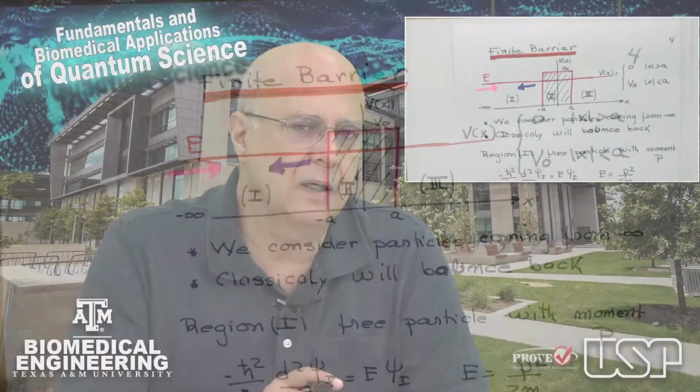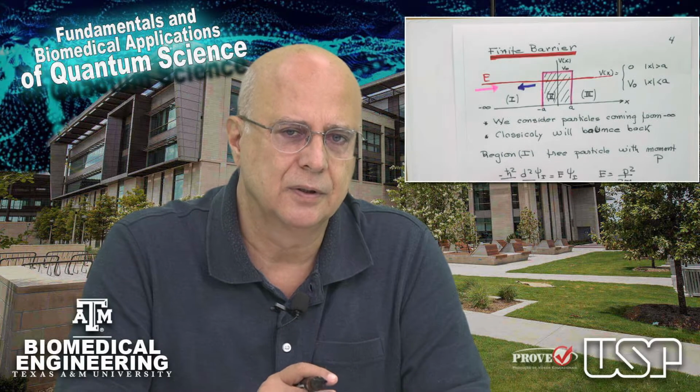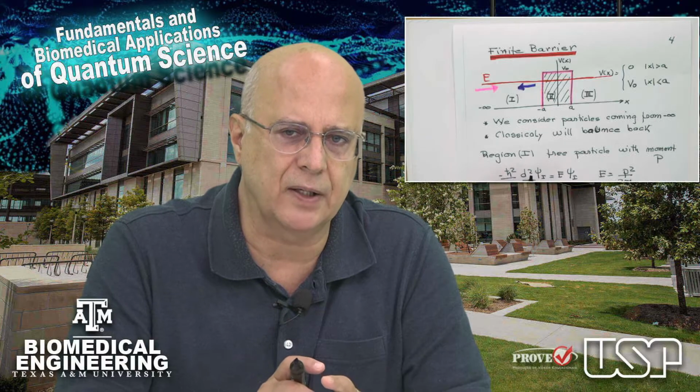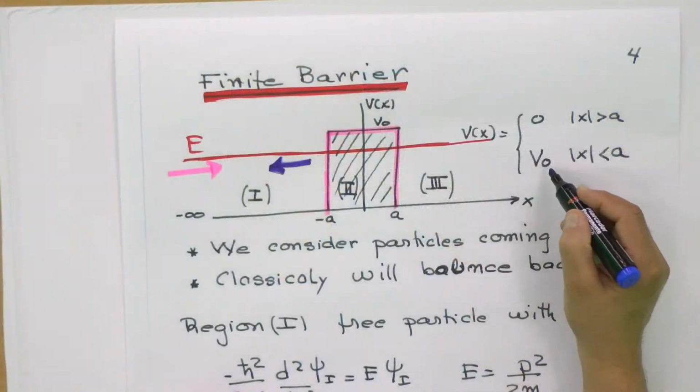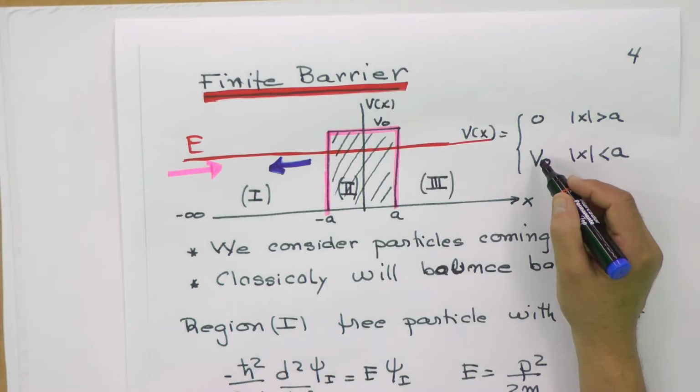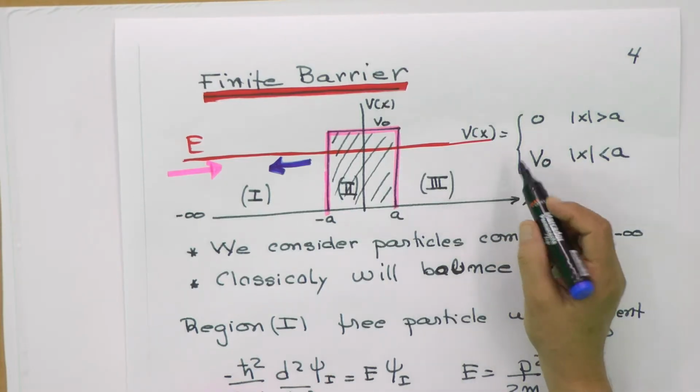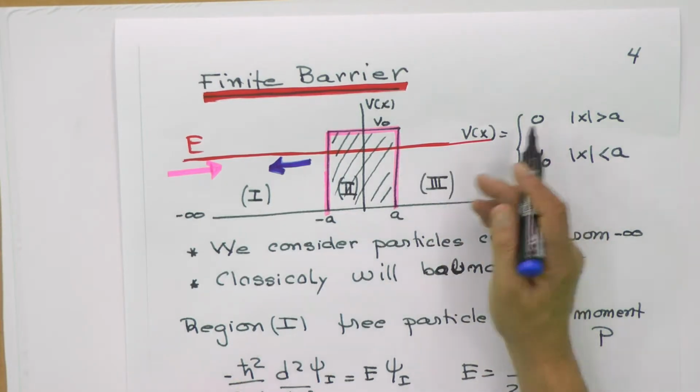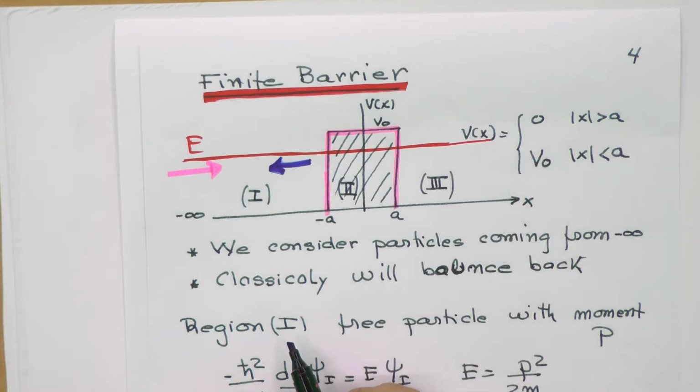But quantum mechanically, it's not the case. The wave can penetrate this barrier and survive after the barrier, in the space that comes after the barrier. And that's called tunneling when that happens.